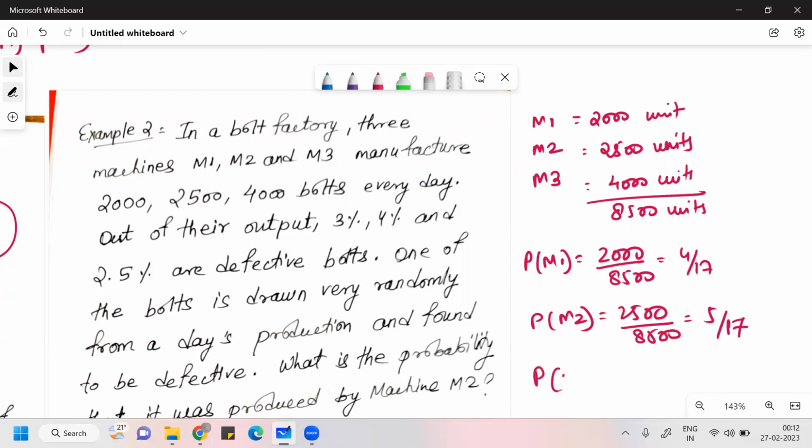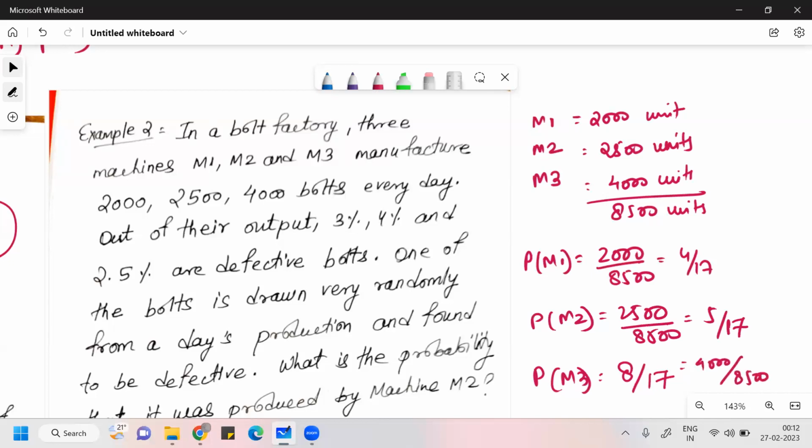Then what is the probability you choose machine M3? That would be 8 by 17. Total probability is 1. You understand? So these are the units they manufacture: machine M1, M2, M3, 4000 by 8500.